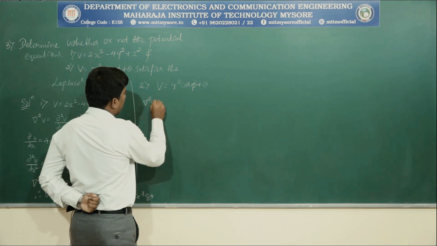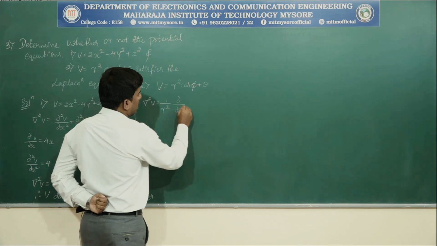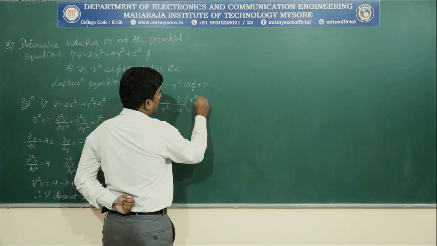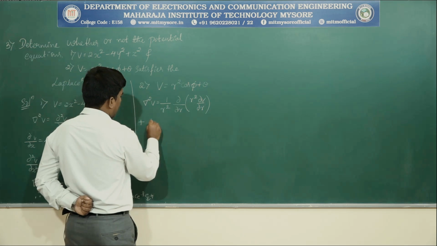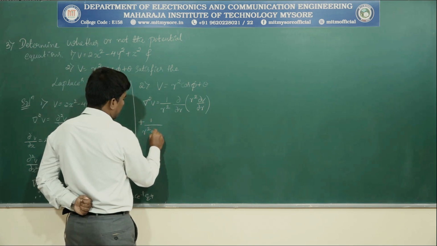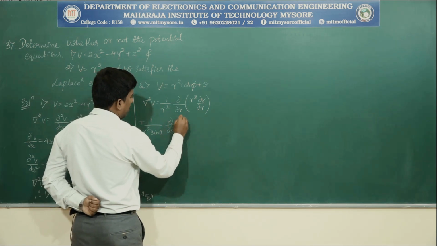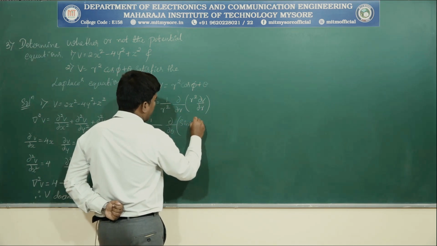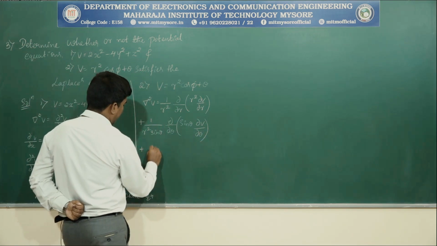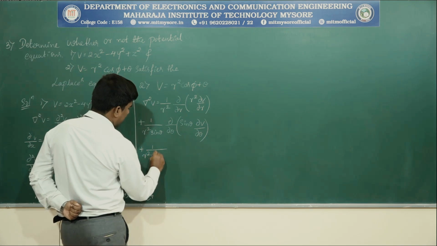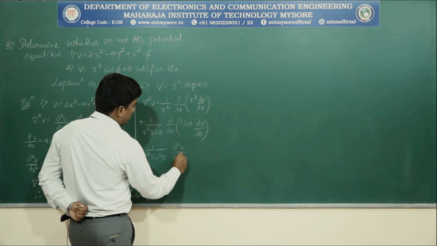That is, ∇²V is equal to 1 by r² ∂/∂r of (r² ∂V/∂r), plus the second term 1 by r² sin θ ∂/∂θ of (sin θ ∂V/∂θ), plus 1 by r² sin² θ ∂²V/∂φ².